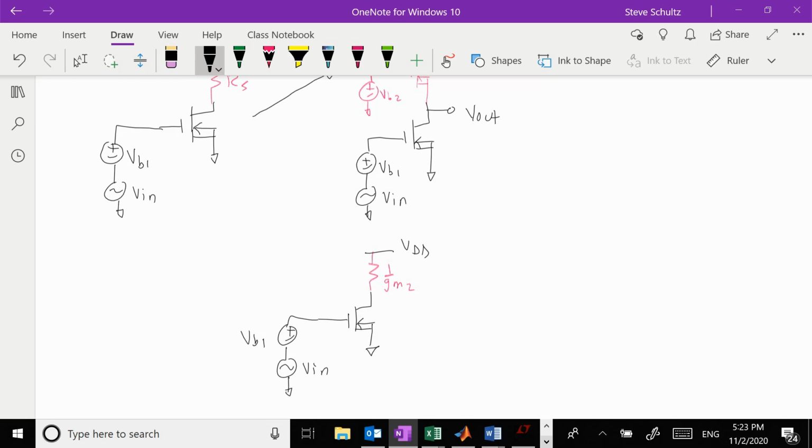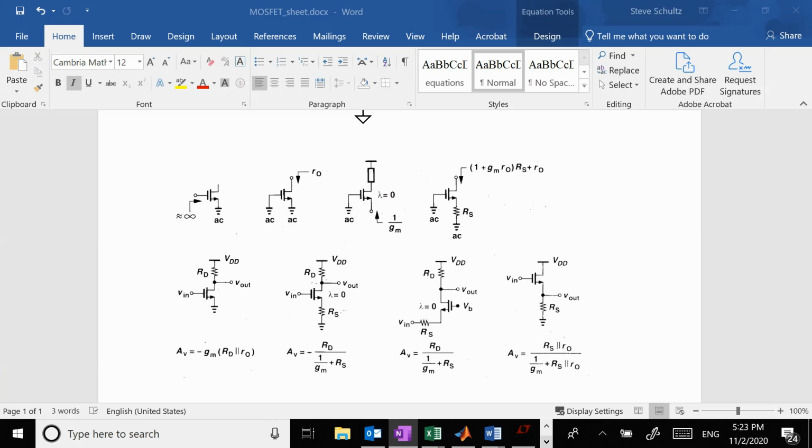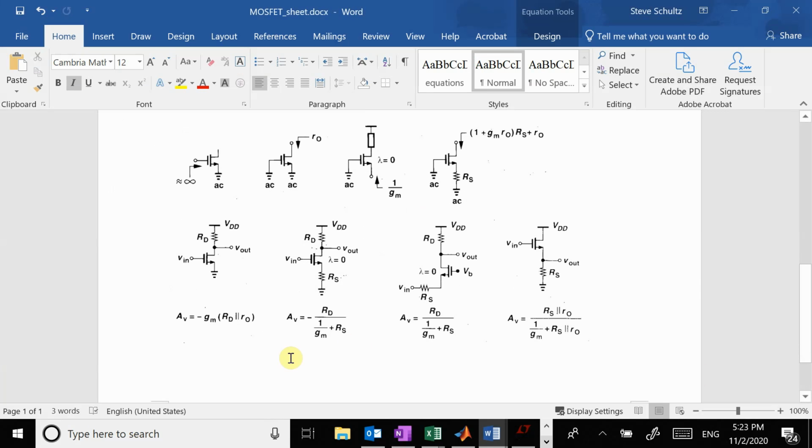Now when I do my small signal amplifier, again, I'm going to go back to my equation sheet. I'm going to look here. Now it looks just like this one right here, except my RD is getting replaced with this 1 over gm.